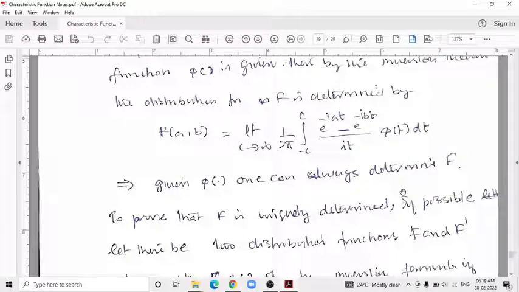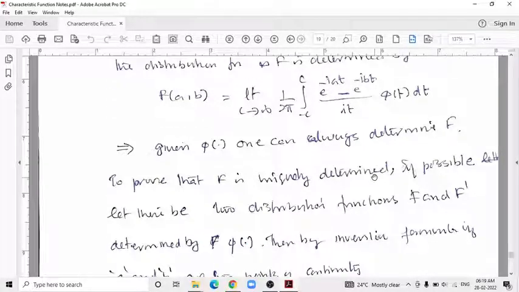For that we take the contradictory side, that is, we assume that there are two distribution functions corresponding to one given characteristic function, F and F dash. We will come to the result that F and F dash are one and the same. So as a contradictory side we take there are two distribution functions, one is F and the other is F dash.